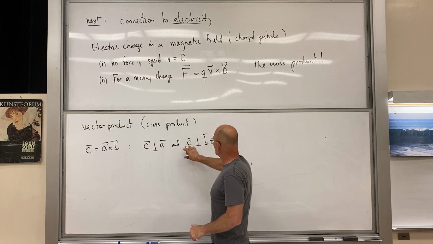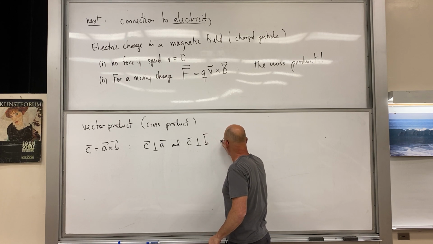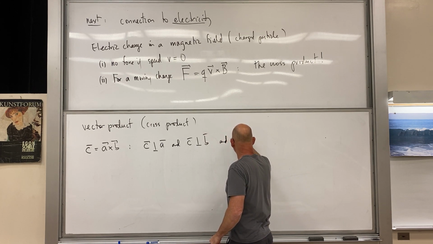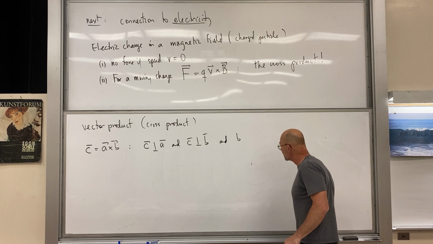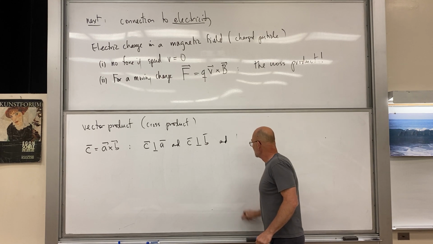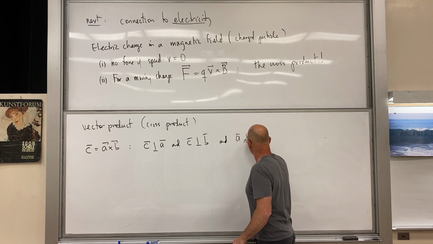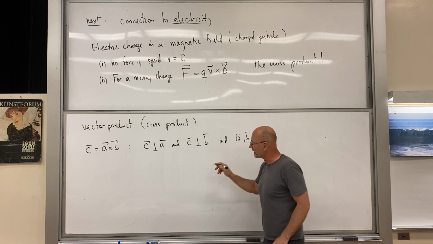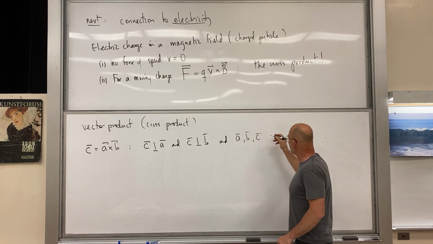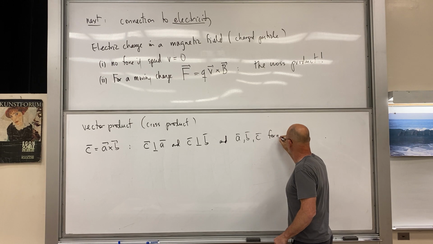So C is perpendicular to A and B, and A, B, C, with C being the product, form a right-hand system.